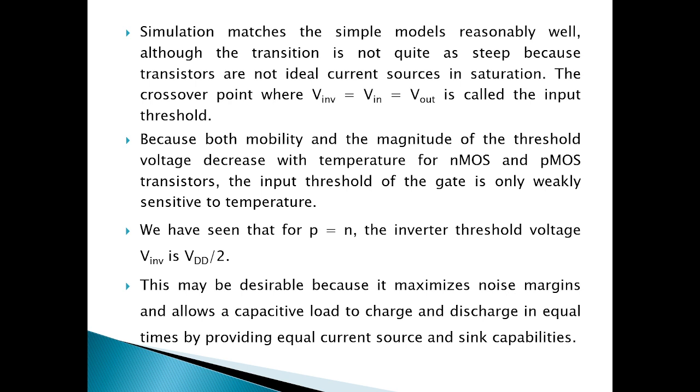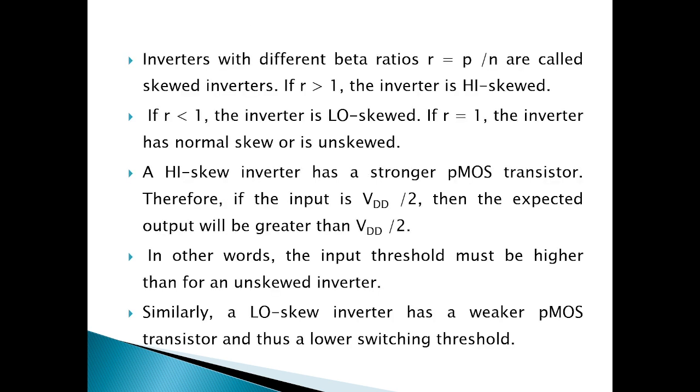We have seen that for beta P equal to beta N, the inverter threshold voltage V in is VDD by 2. This is desirable because it maximizes noise margins and allows a capacitive load to charge and discharge in equal times by providing equal current source and sink capabilities.